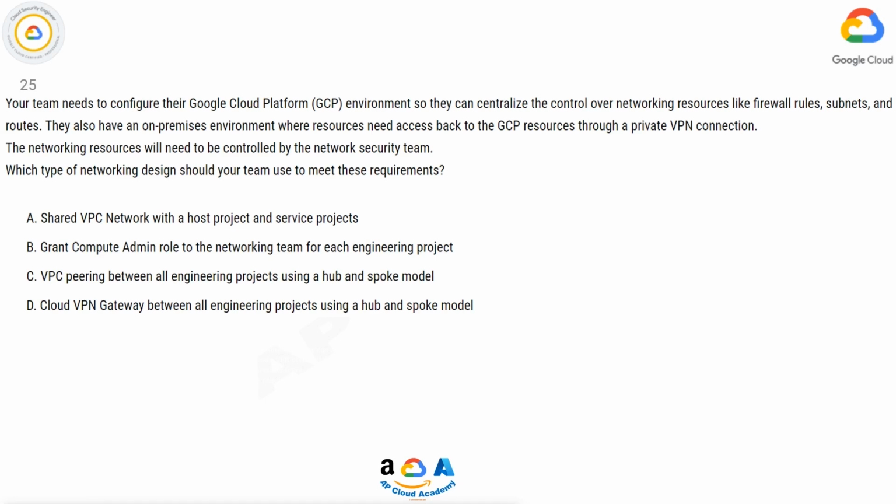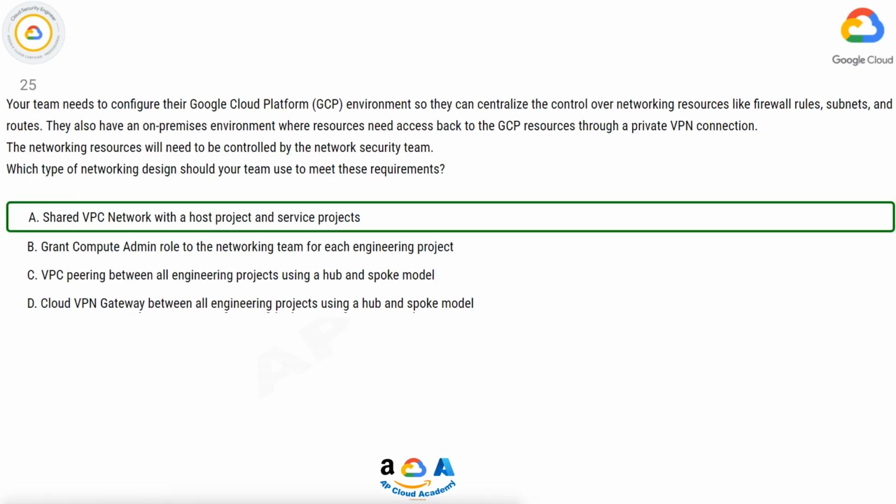A. Shared VPC network with a host project and service projects. B. Grant compute admin role to the networking team for each engineering project. C. A VPC peering between all engineering projects using a hub and spoke model. D. A cloud VPN gateway between all engineering projects using a hub and spoke model. Correct answer, A.